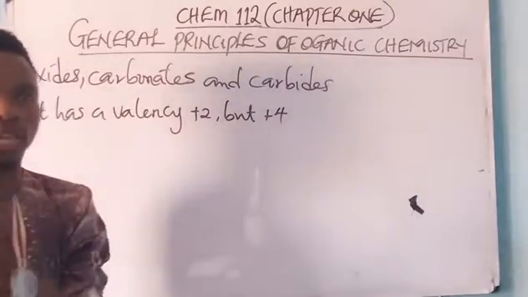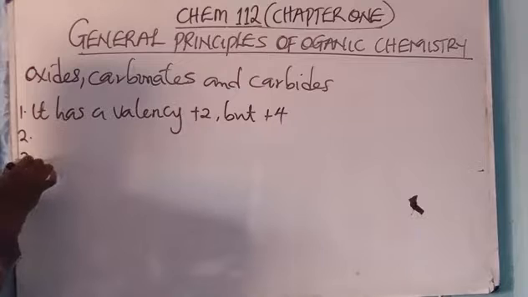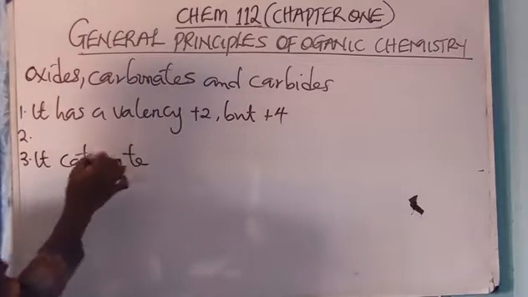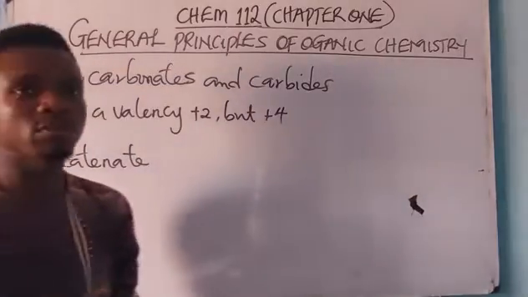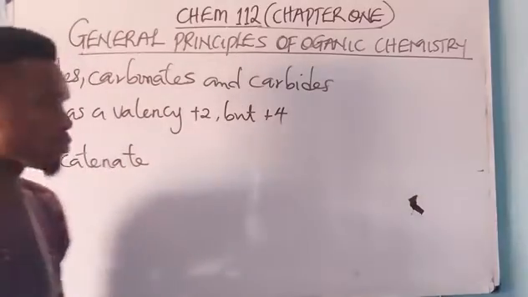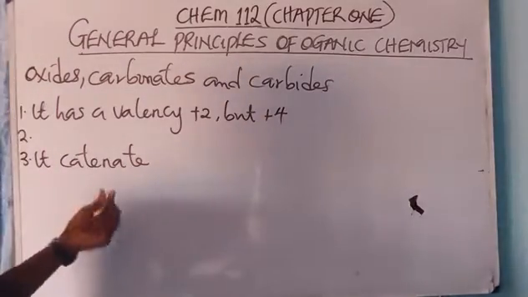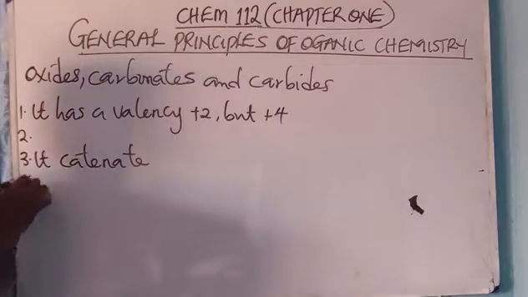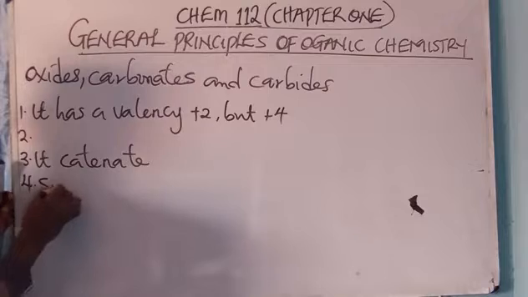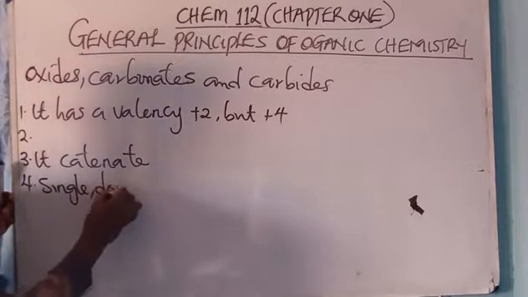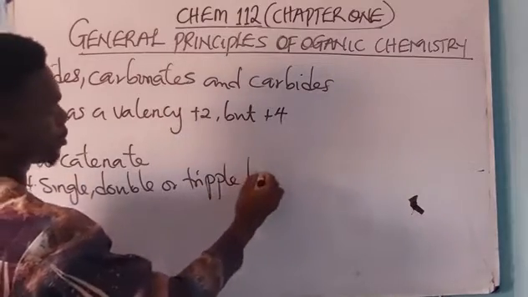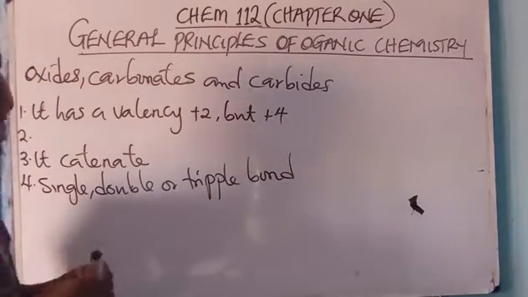Number 3, it catenates. Catenation is a process where an element forms a straight or branch compound with itself. Four, it also has the ability to form with itself single, double, or triple bonds, depending on the organic compound.